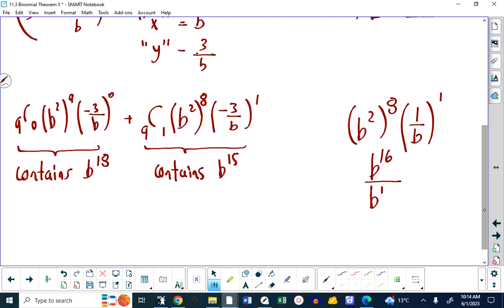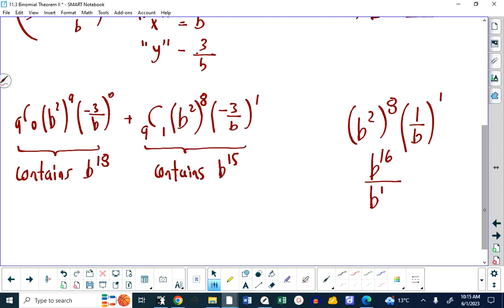How many of you understand why the exponent dropped by 3? Why is that, Will? Because the term over b is growing by 1, and the b squared is dropping by 1. Right. Perfect. Sorry to interrupt. We're losing a b squared each time, so we're losing 2 b's.